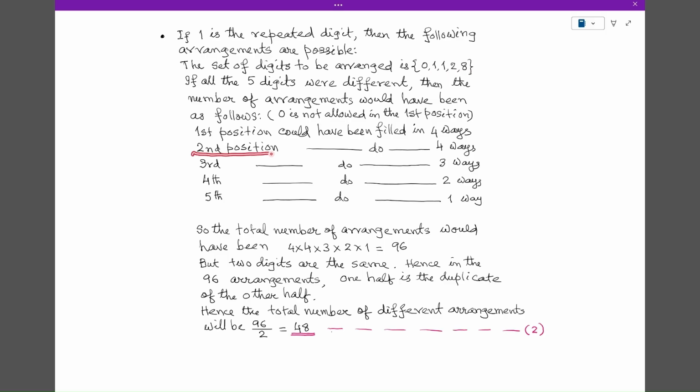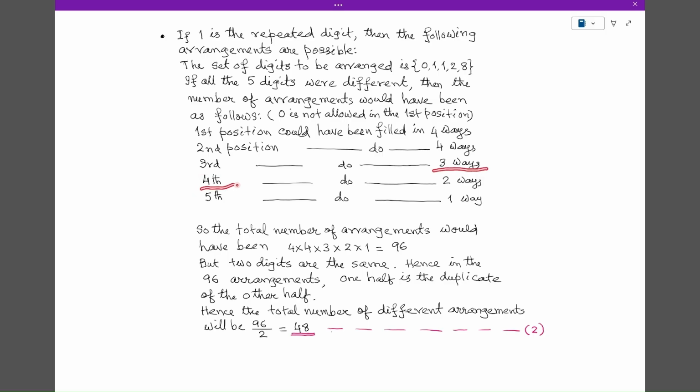Similarly, the second position could have been filled in 4 ways because here the first position has taken up 1 digit, the remaining digits will be 0 and the 3 other digits left. So the second position could have been filled in 4 ways. Similarly, the third position could have been filled in 3 ways.